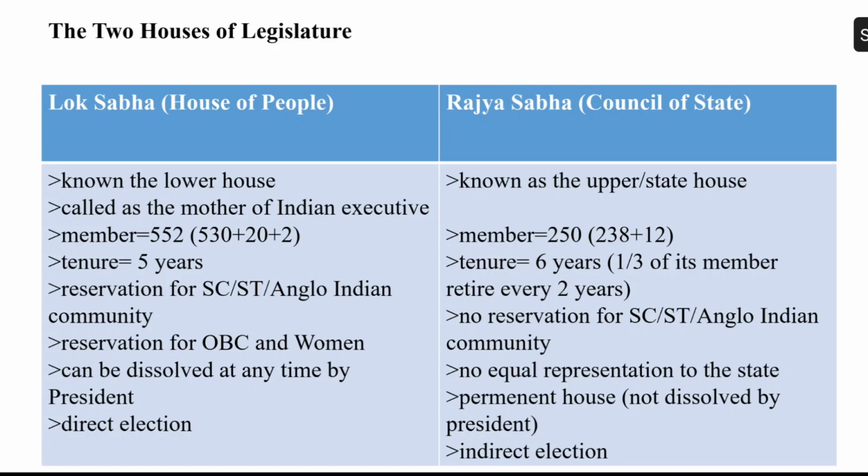Its tenure is 6 years. One-third of its members retire every 2 years. There is no reservation for SC/ST Anglo-Indian community. There is no equal representation to the states. It is a permanent house, so it cannot be dissolved by the president. In the Rajya Sabha, it is an indirect election.